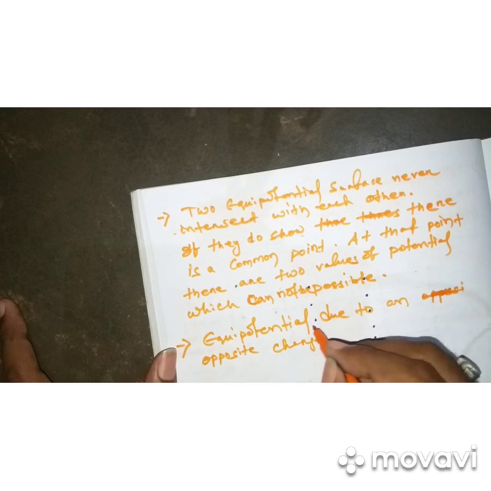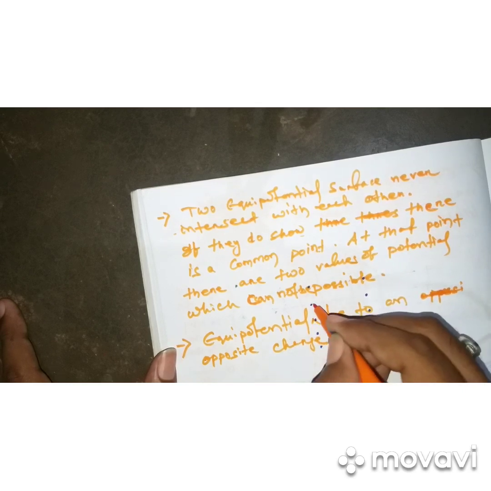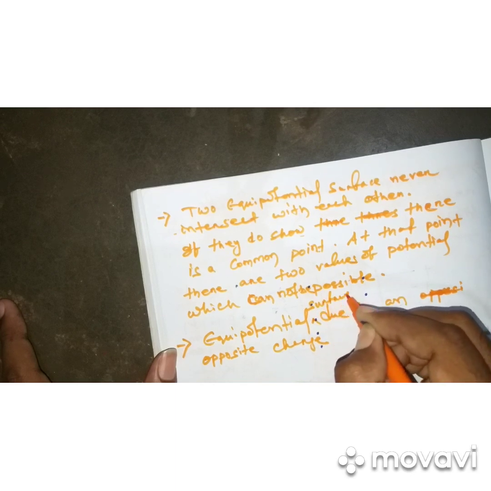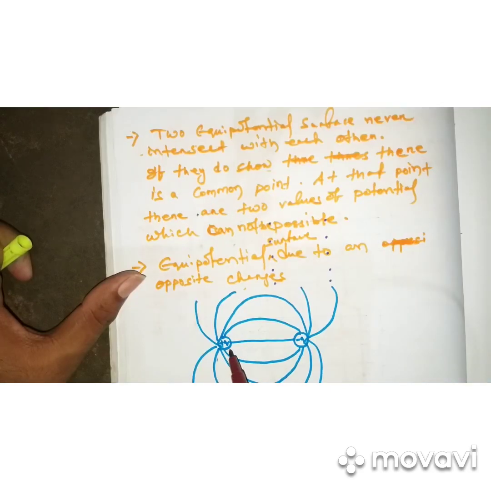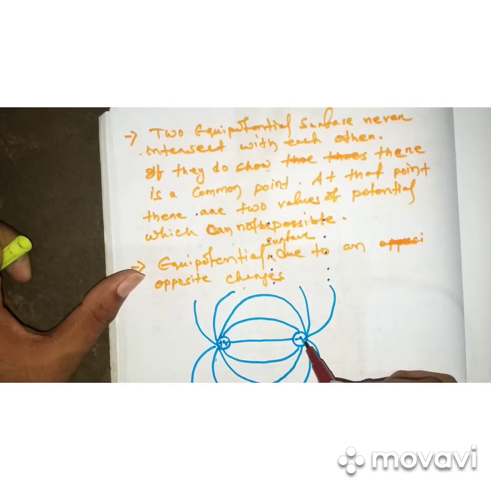Equipotential surface due to opposite charges. Here this is the positive charge, this is the negative charge.